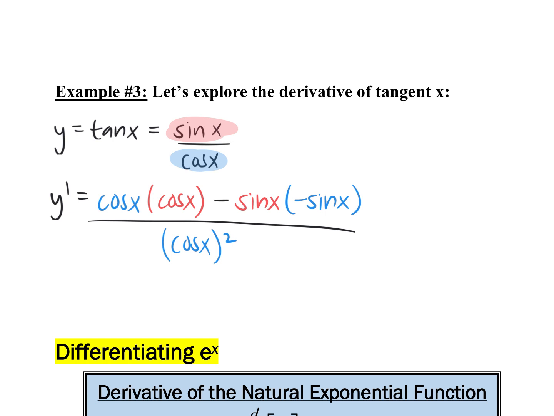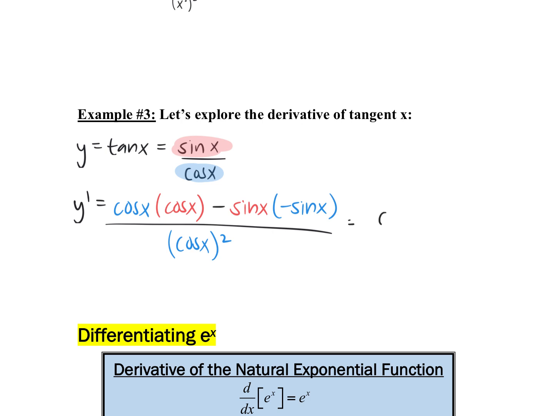Let's rewrite this. Cosine of x times cosine of x is what? Cosine squared of x. Same thing, sine of x times sine of x gives me sine squared of x. And that's all divided by cosine squared of x. Oh, sorry, this is positive. Yes, plus sine squared x. Otherwise, this wouldn't work. Hopefully that numerator looks familiar.